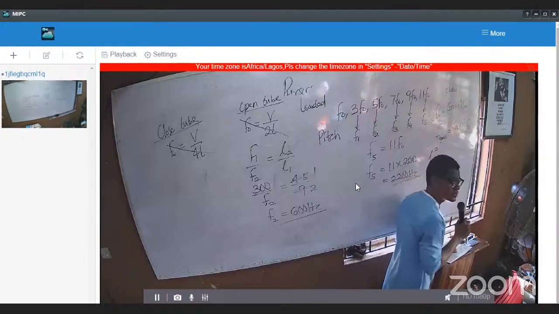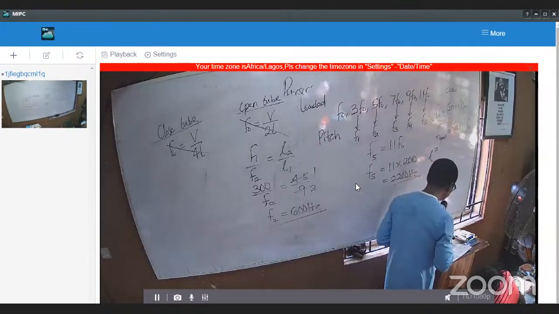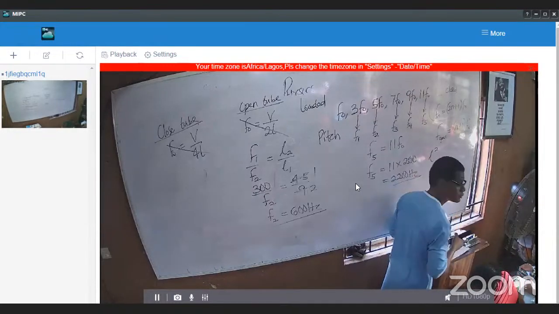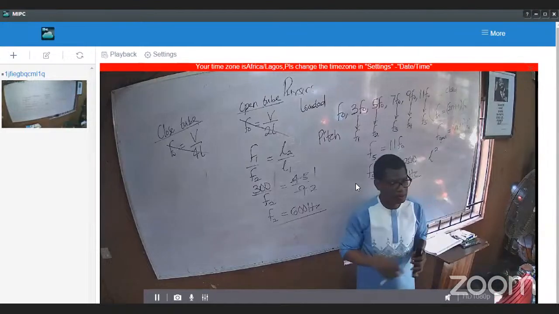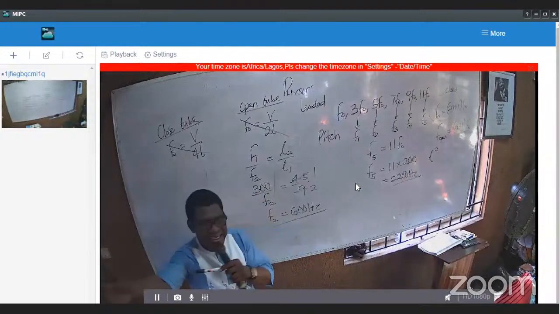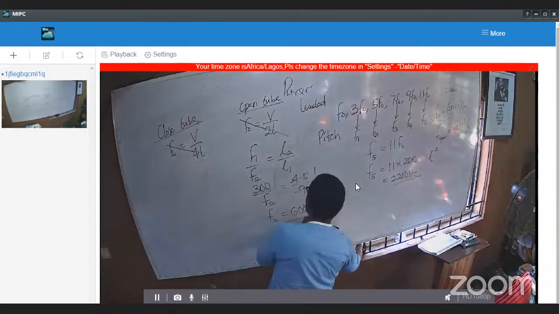Class 4, try it. I have options, but I won't give you options. The first thing is to know the relation between intensity and distance.